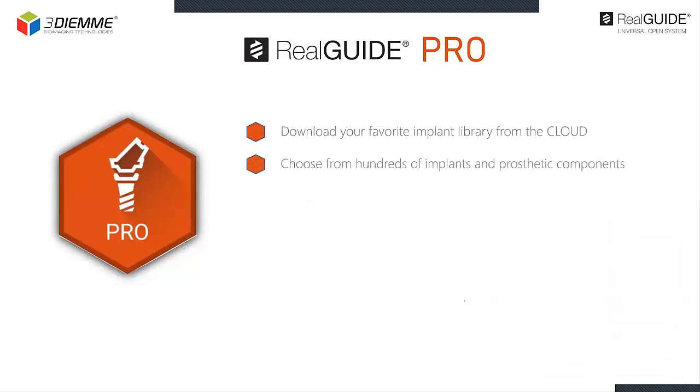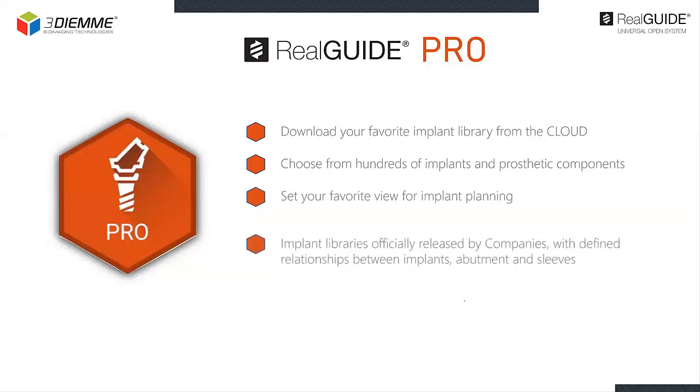Choose from hundreds of implants and prosthetic components. Set your favorite view for implant planning. All implant libraries here are officially released by the companies, with defined relationships between implants, abutments, and sleeves, and the artificial intelligence based on teeth and bone segmentation.